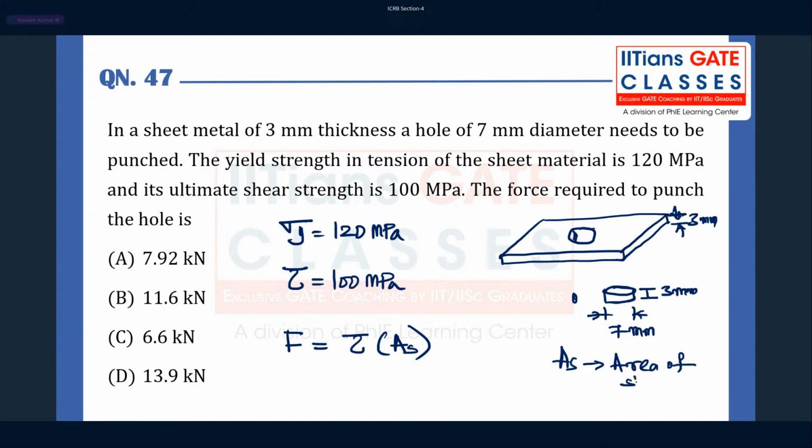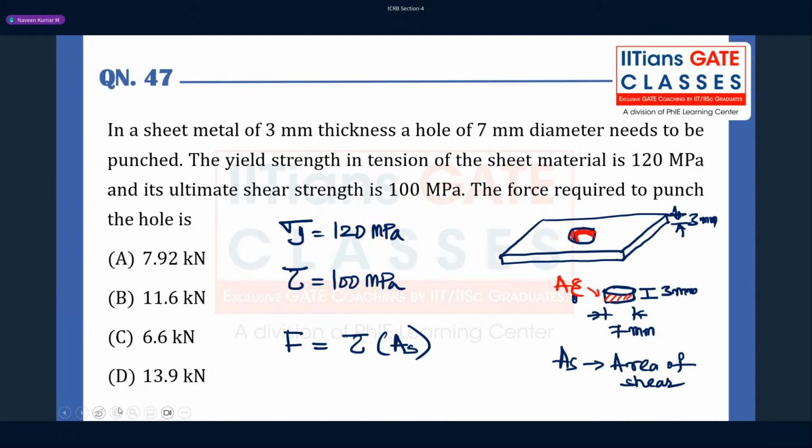I'll try to put it like this. This is the area of shear around it, and inside you have the area of shear like this. This is the area of shear, AS.